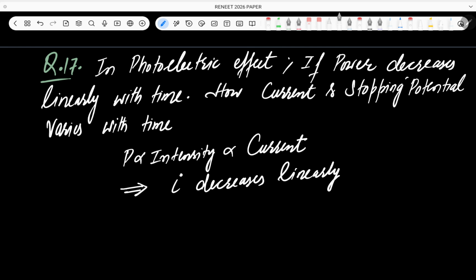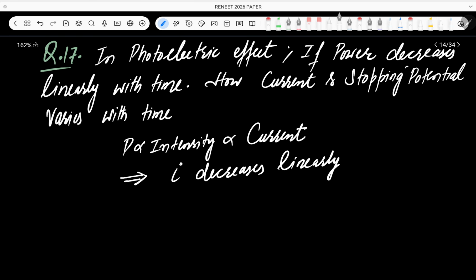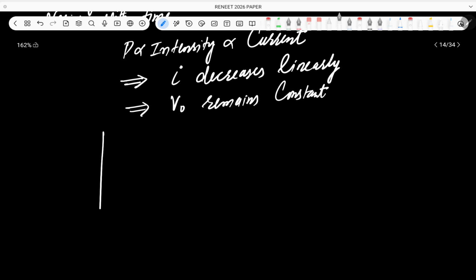Second, intensity and stopping potential are not connected. Stopping potential has to do with the frequency. Stopping potential is directly proportional to the frequency of the incident radiation, provided it is greater than the threshold. So the stopping potential will remain constant.